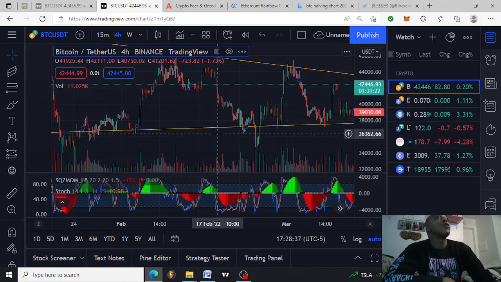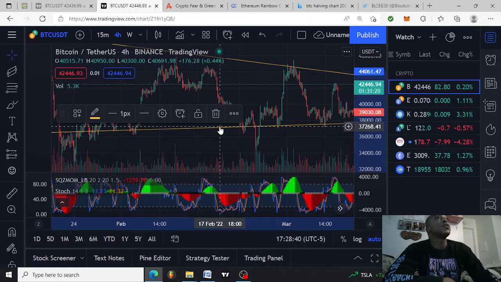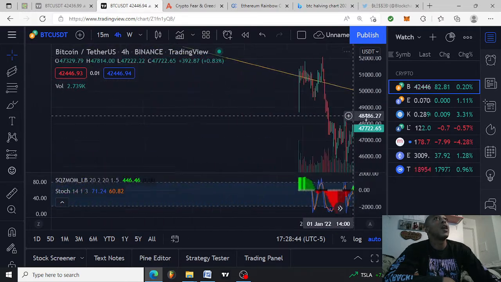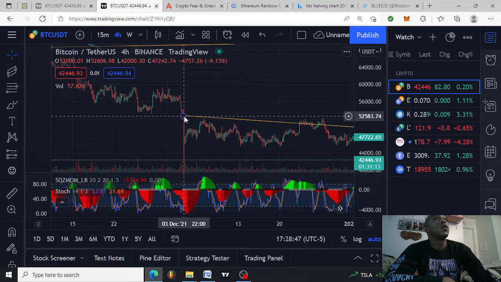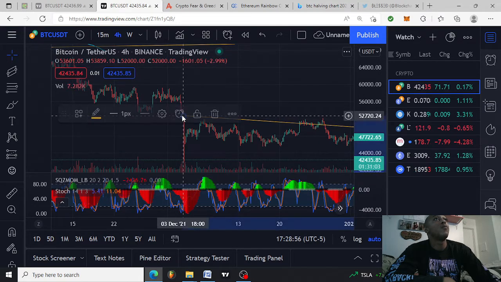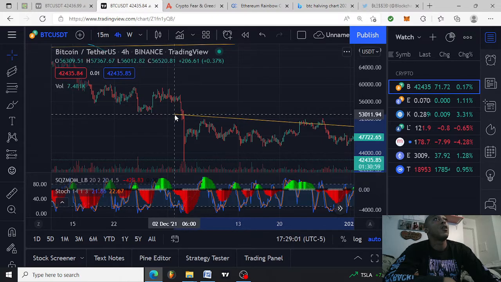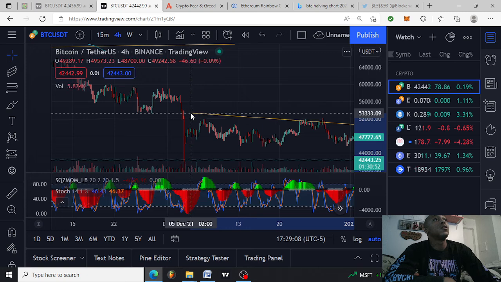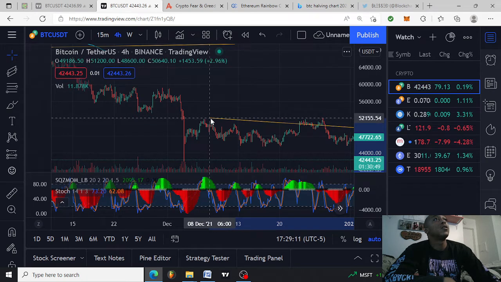So what I have here is my trend line, and this is a 1-year trend line dating all the way back from January 1st, 2021. Let me slide this to December 2021.